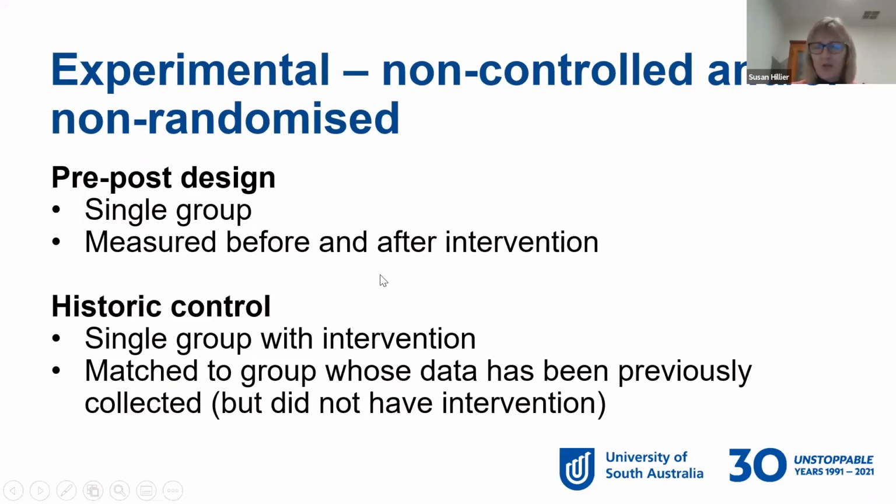The historic control is another variation where you don't have a parallel control group that is randomised. You have a single group who receives the intervention and then you use a data set to match your intervention group to an historic control group whose data has been previously collected. So this may be in your service, but who had not received the intervention.